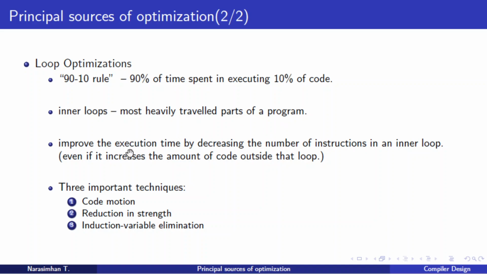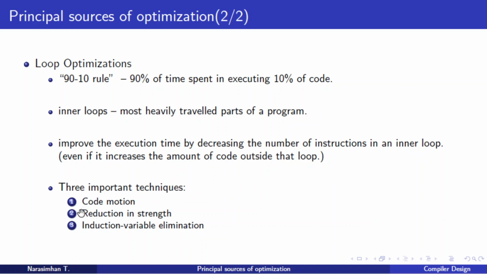The execution time of a program can be improved by decreasing the length of the inner loop, that is, by reducing the number of instructions in the inner loop. Sometimes this might result in adding more instructions to the outside of the loop, but we don't bother about that if the overall execution time is improved. Under the category of loop optimizations, we have three techniques.